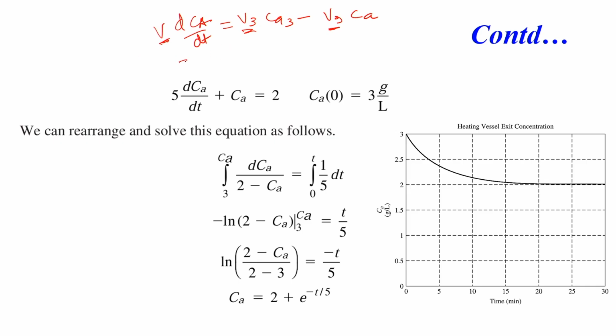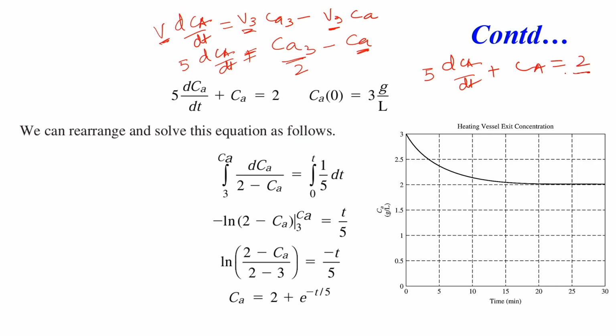If you divide, you will get 5 into dCa upon dt plus Ca equals Ca3. The Ca3 we already know is 2, and Ca we need to find how its profile is changing with time. So, you can write 5 dCa upon dt plus Ca equals 2.